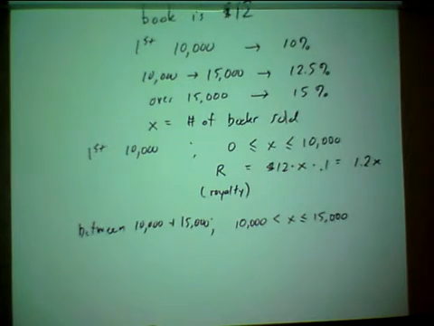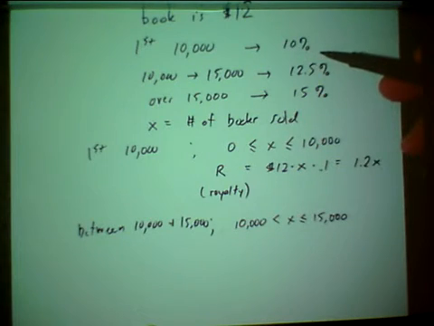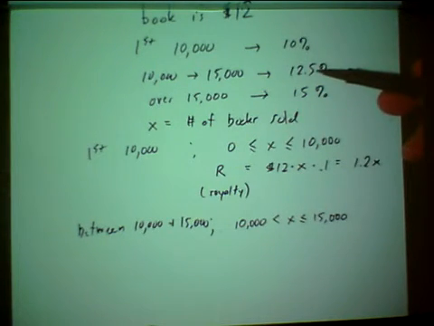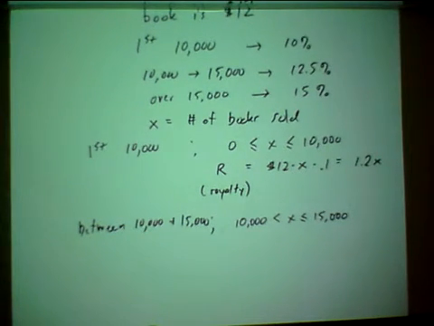But here's a tricky thing. He's still going to make, for the first 10,000 books, the 10% royalty. And then anything above 10,000, the number of books between 10,000 and 15,000, he's going to make the 12.5% on all the books over 10,000. So I've really got two things.